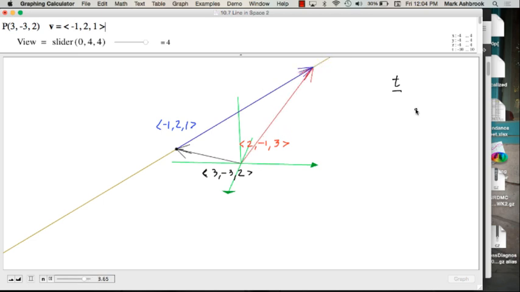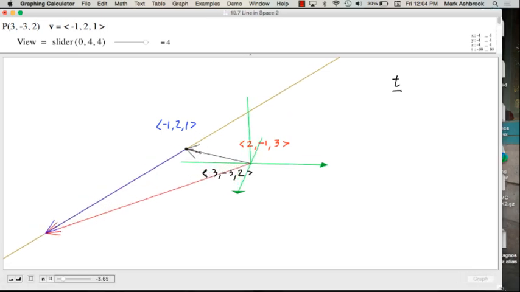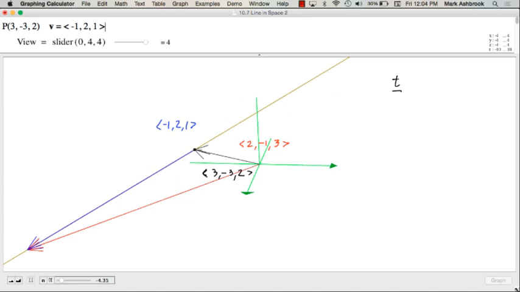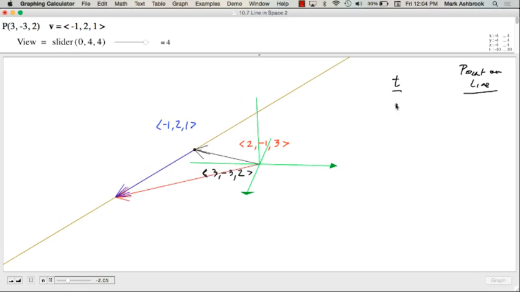We started with t being 1, and t being 1 meant that was right there.